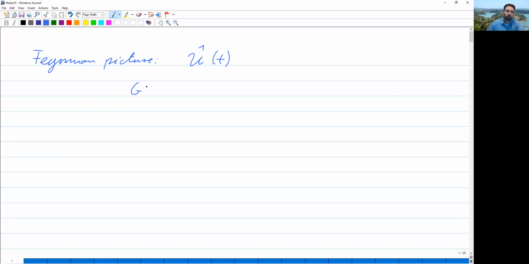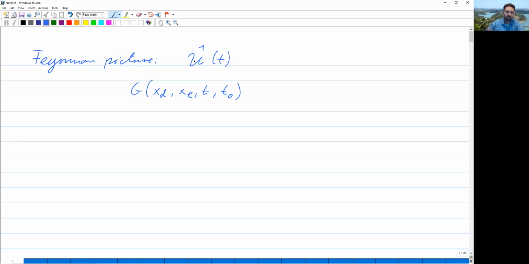So we are looking for the Green's function, which tells us what the probability amplitude is for a particle that starts at time t0 at location xe, where the E stands for emitter.